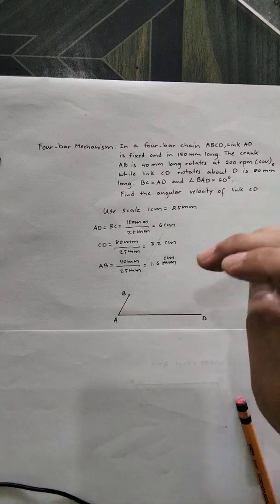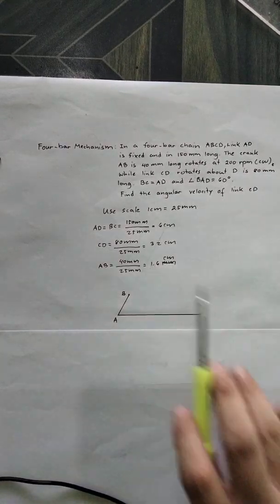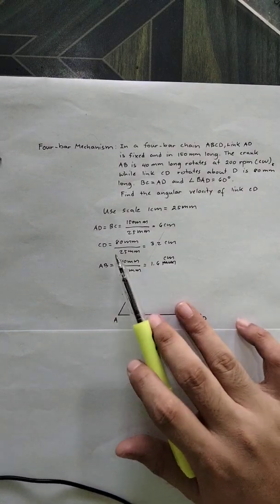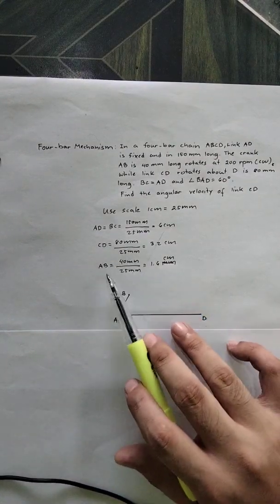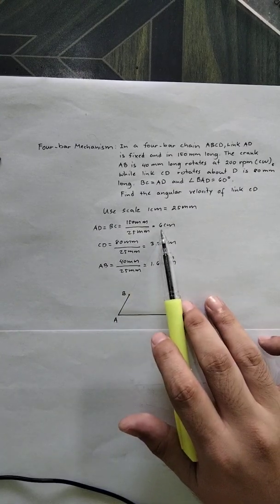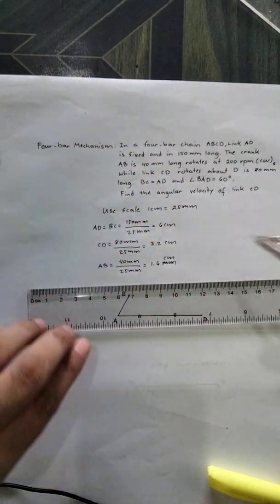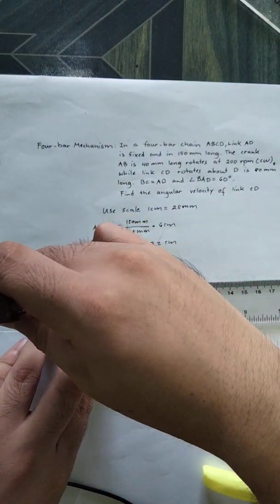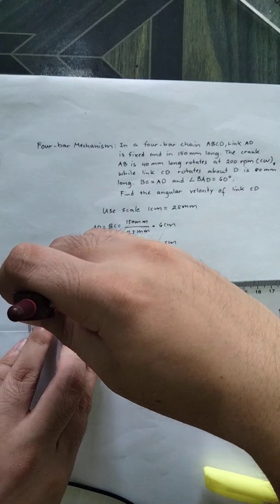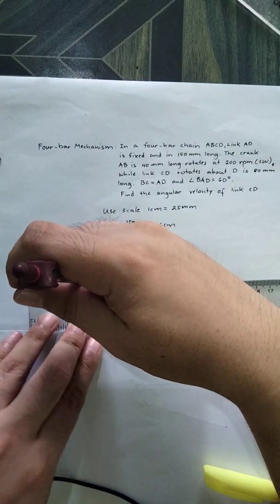Now to draw C. We don't know the location of C, but we know that from B to C the length is 6 centimeters. You just need a compass to locate C. Set the radius of your compass to 6 centimeters.